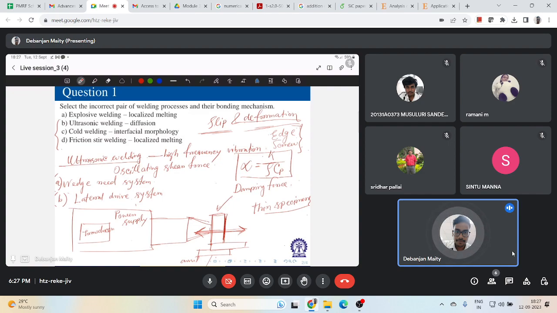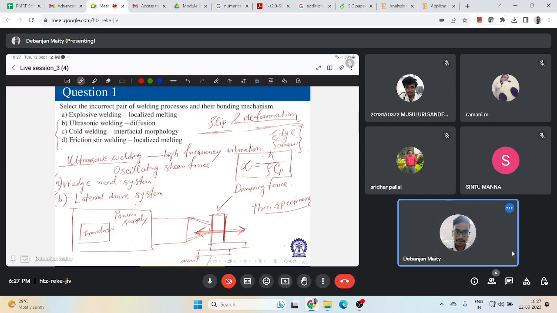Now, what are the advantages of ultrasonic welding? Here, hardly any heat is applied. All the things here are forming because of deformation. So no heat is applied and no melting is happening.